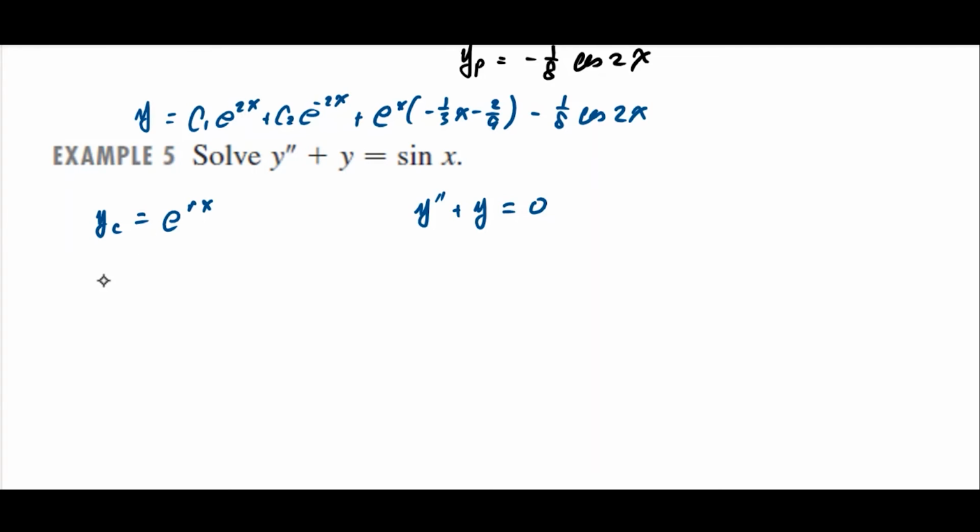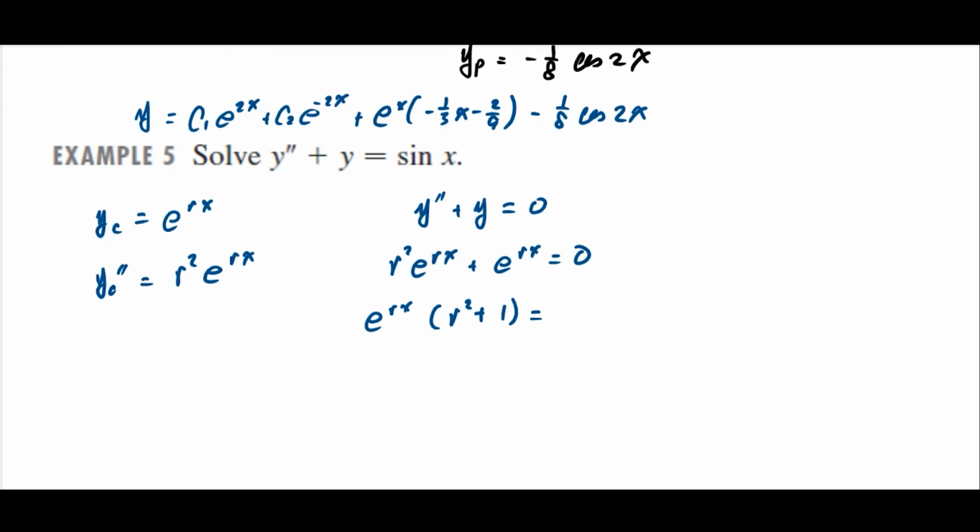And then if I take the second derivative, that becomes r squared e to the rx, right? Plug it in here, so I have r squared e to the rx plus e to the rx is equal to 0. Factor e to the rx: r squared plus 1 is equal to 0. So r is equal to plus or minus i. You with me?